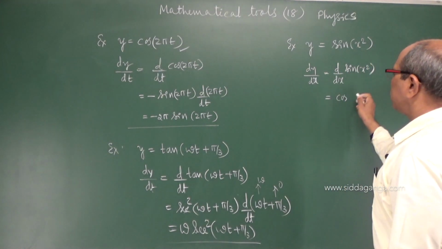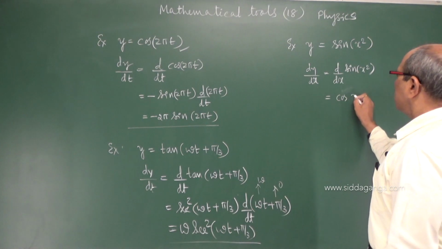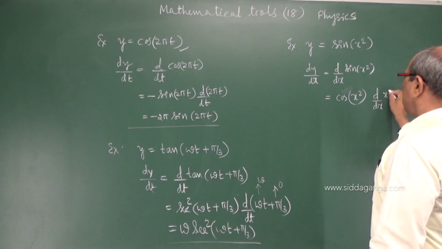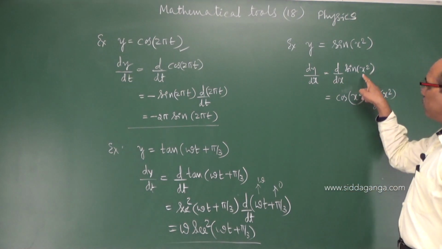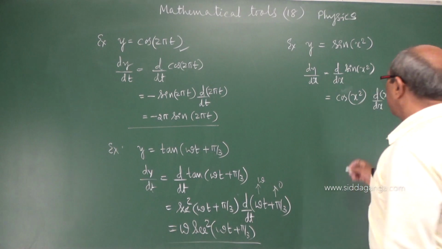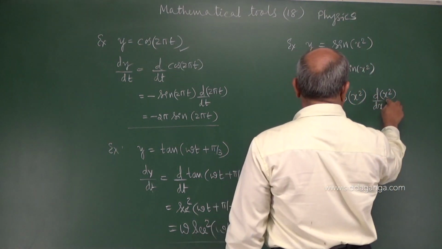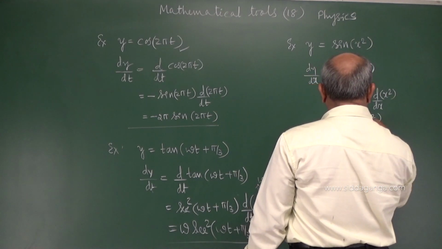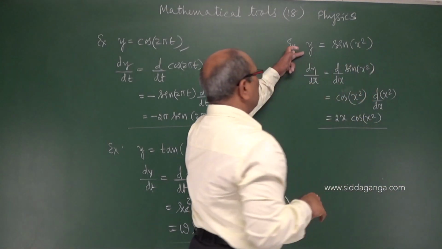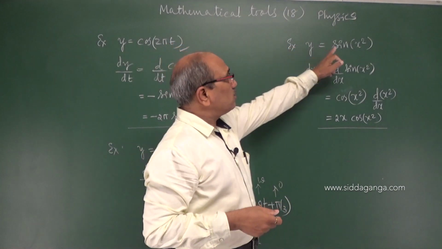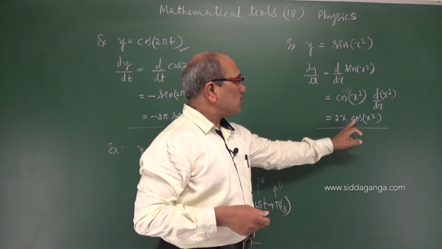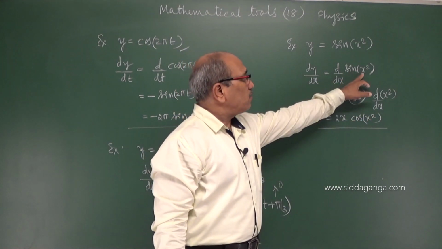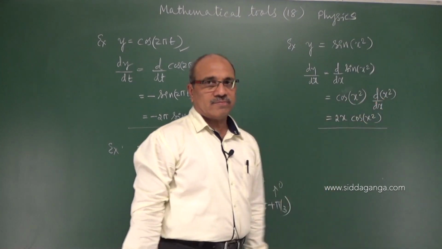You know, sine differentiation is cos x square into d by dx of x square. Differentiation of this again separately: x square gives 2x. So the differentiation of sine x square is 2x cos x square, because sine x square gives cos x square, plus again the differentiation of x square is 2x.